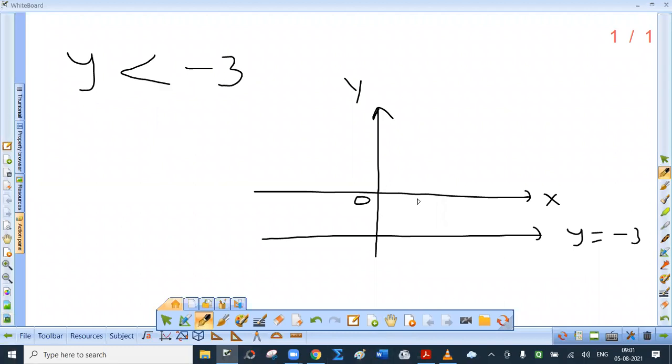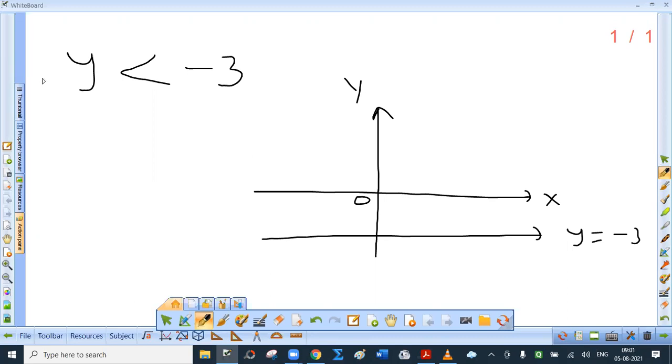You may say, sir, why not check this point? See, if the origin doesn't satisfy, every point on the origin side will not satisfy. For your satisfaction, you may consider this point, which is (1, 0).